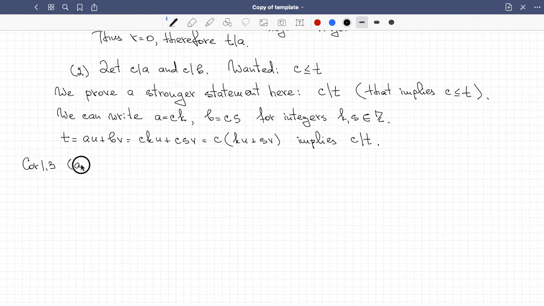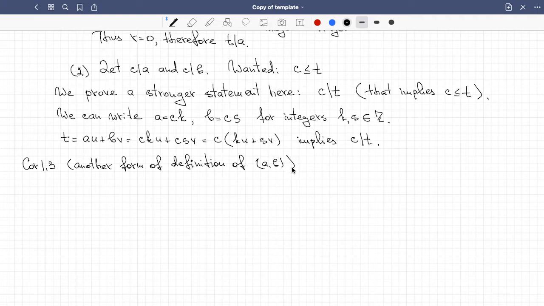So another form of definition of the greatest common divisor.